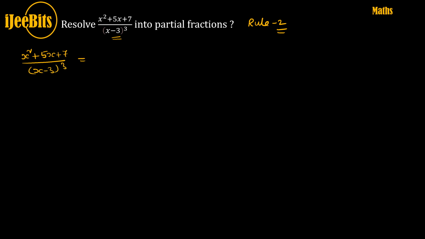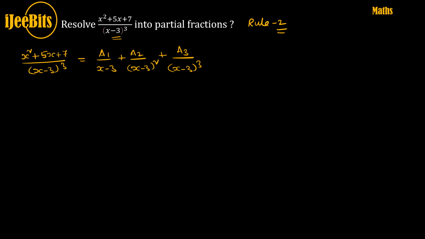How do you represent this one? a1 by x minus 3 plus a2 by x minus 3 whole square plus a3 divided by x minus 3 whole cube. Because of the power 3, we end with a3. I hope you are clear at this point.